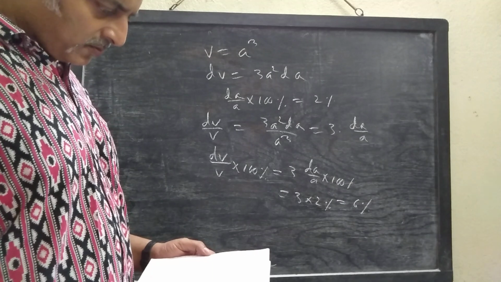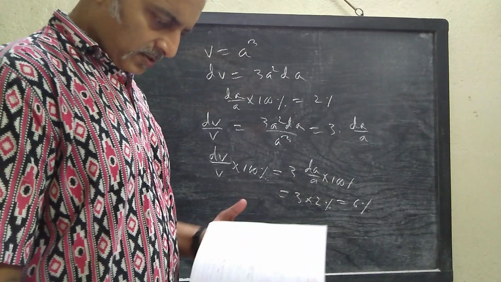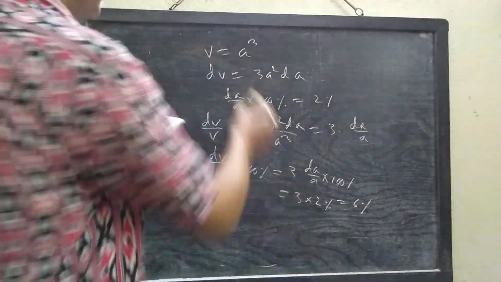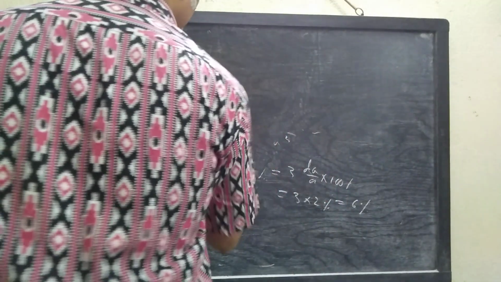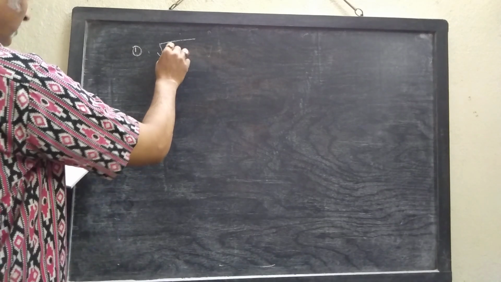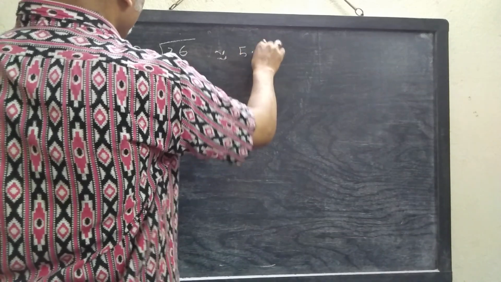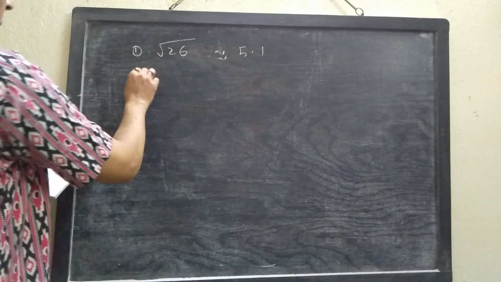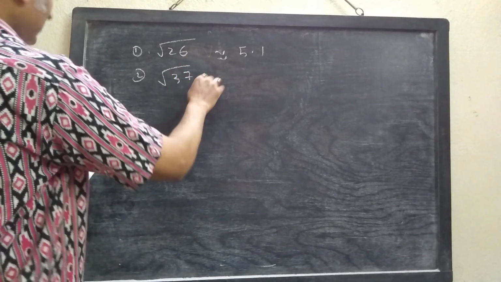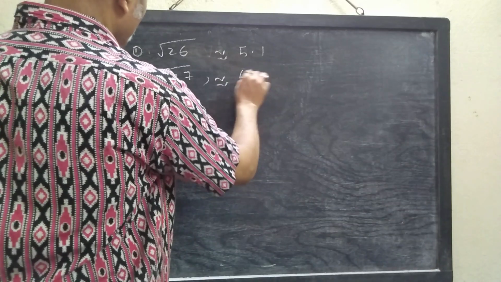Now let us give you some homework that you can do on your own. Number 1, find the approximate value of root 26. Its answer will be 5.1. Number 2, root 37. Its approximate value will be 6.083.